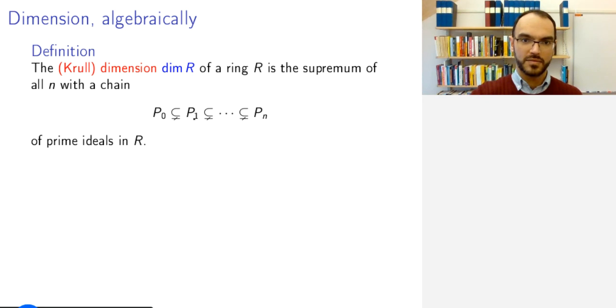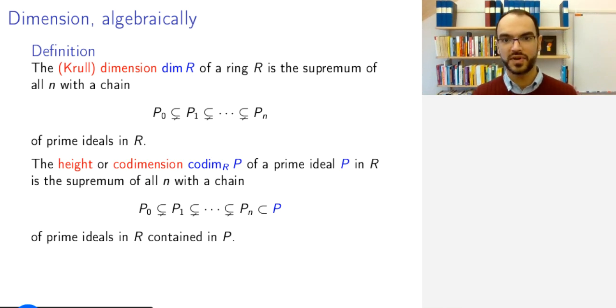And we can also define the codimension of a prime ideal, or sometimes called the height of that prime ideal, to be the supremum of all n, with chains of prime ideals contained inside P. So you might have expected P to be contained inside this chain, but remember, we are now looking at rings, so all inclusions are reversed in the sense that the inclusions that we want to hold for irreducible subvarieties will hold inversely for prime ideals.